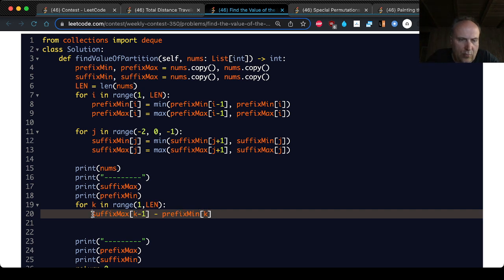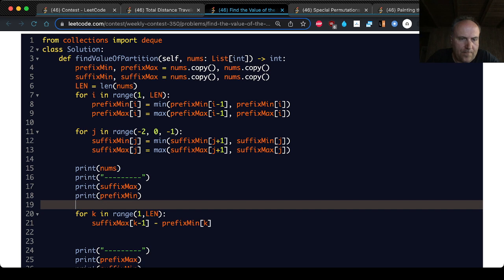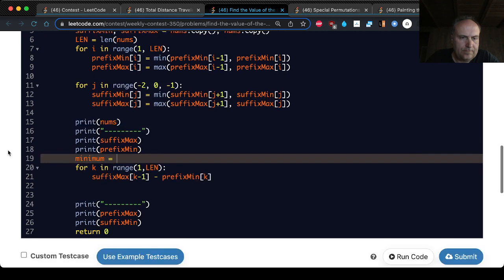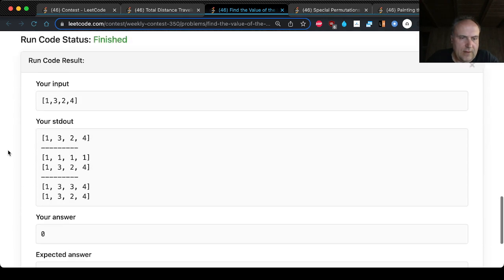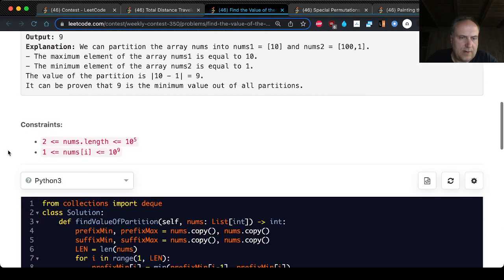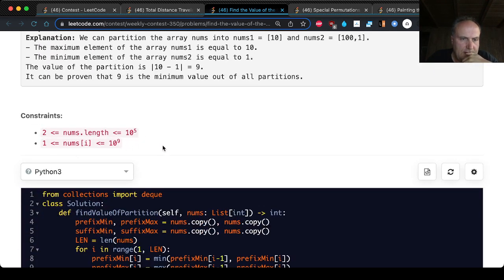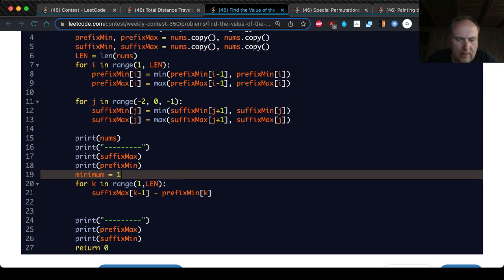And then it's going to be, let's call it minimum equals, let's give value 10, 9. Then 9 plus 1.